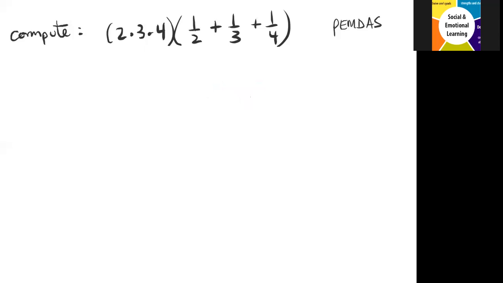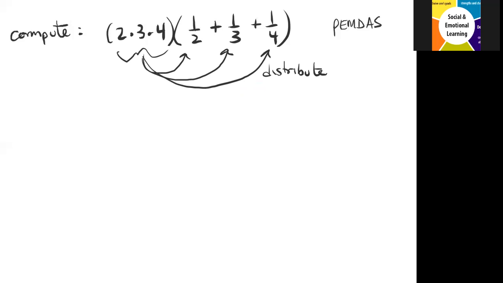So what we could do is distribute this 2 times 3 times 4 to each of these fractions so that we can open up the parentheses.